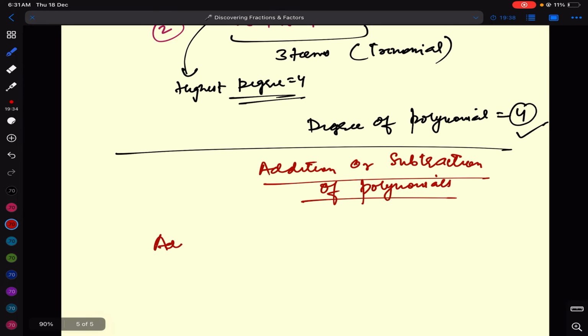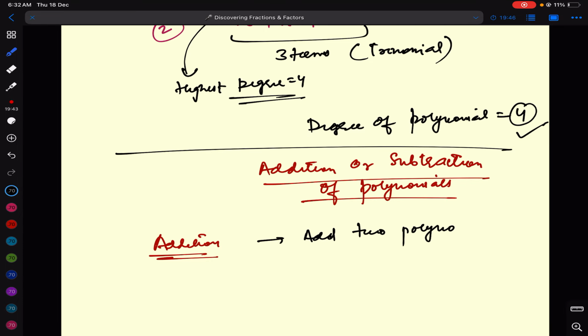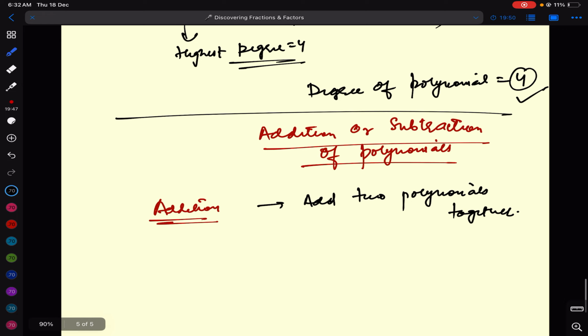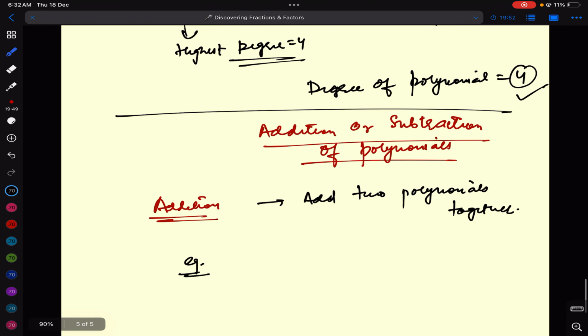Let's first discuss the addition, wherein you simply add two polynomials together. For example, let's say you have 4x plus 8, which is one polynomial, and then the other polynomial is 3x plus 2. So here we are adding these two polynomials.